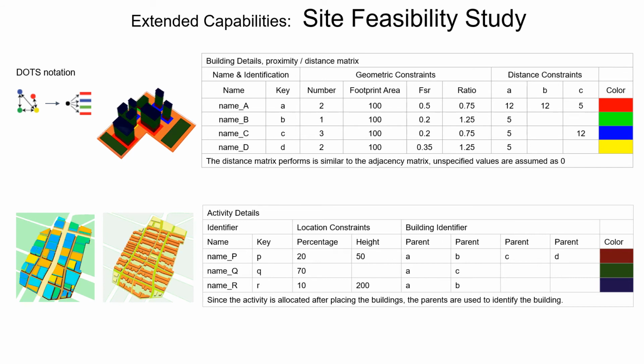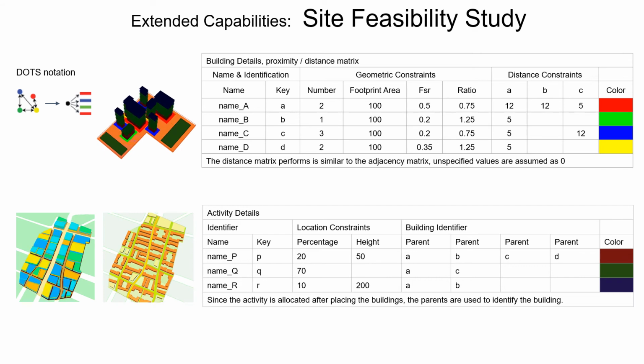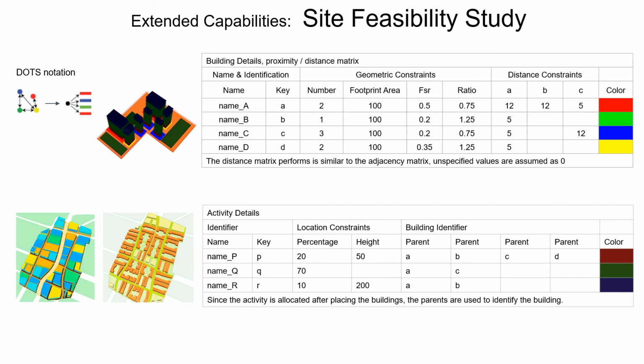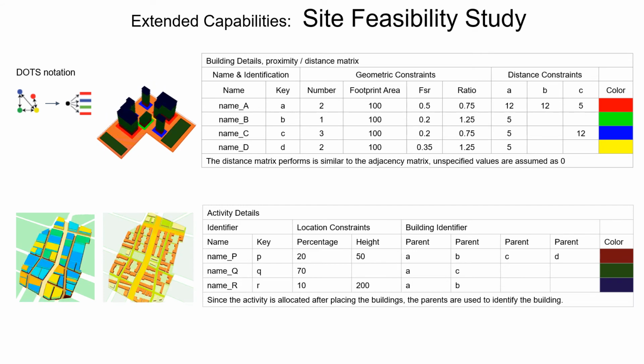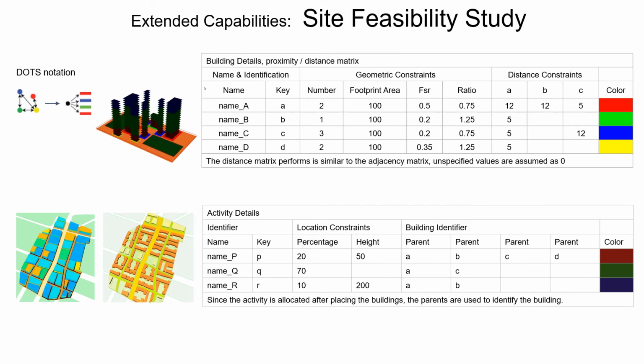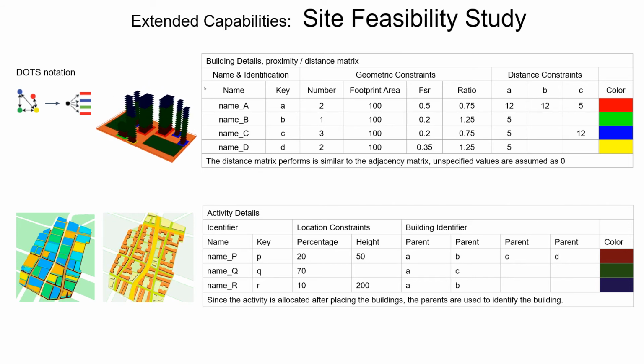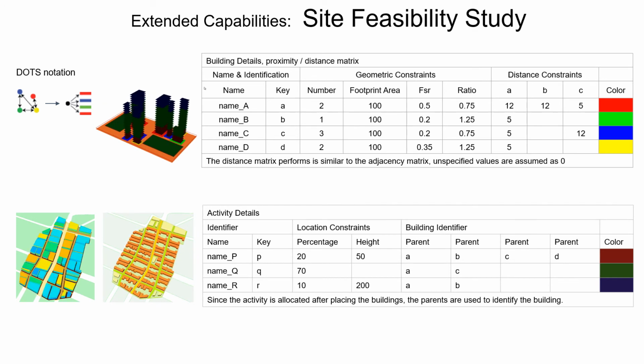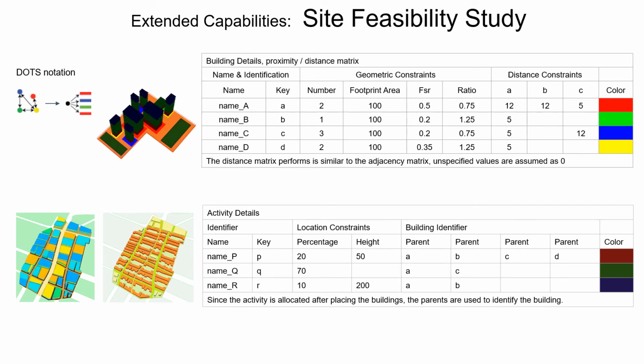This slide illustrates the application of DOTS to develop a site feasibility study. It is a very common problem that is typically used at the beginning of an architectural design project. So in this problem, a number of blocks have to be placed and a gross zoning has to be allocated to the floor plans.